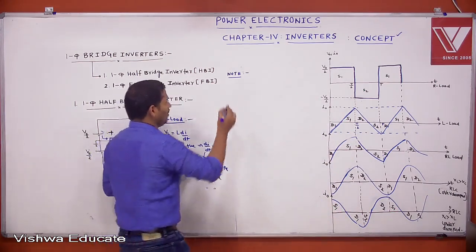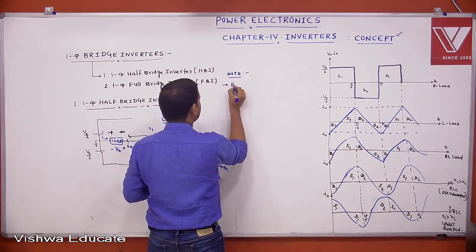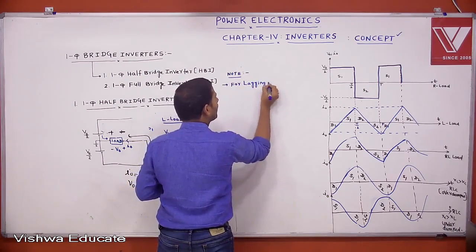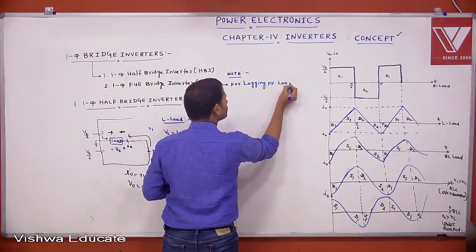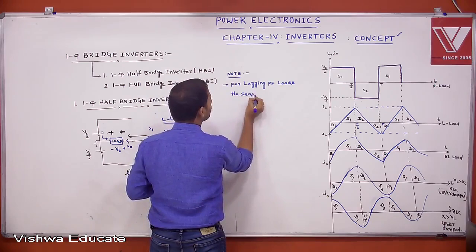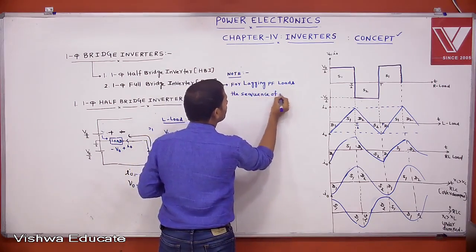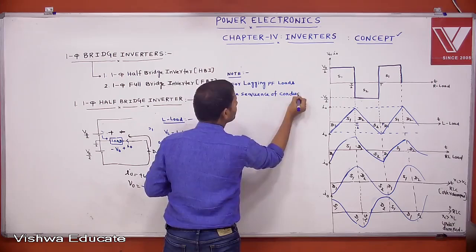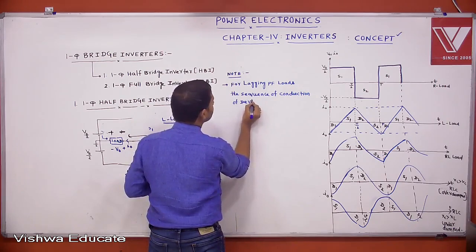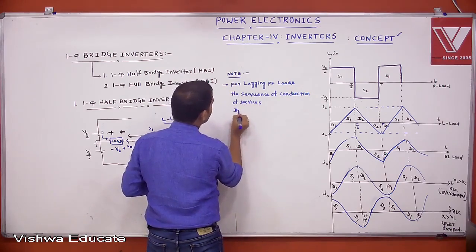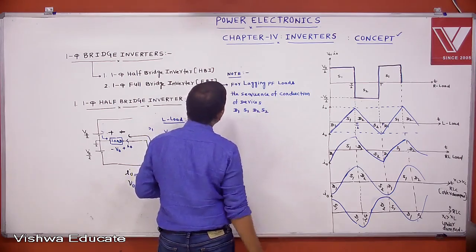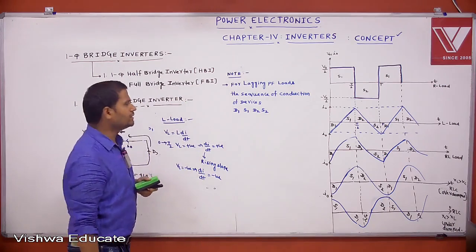For lagging power factor loads, the sequence of conduction of devices is D1, S1, D2, S2, that is, first diode, next switch.